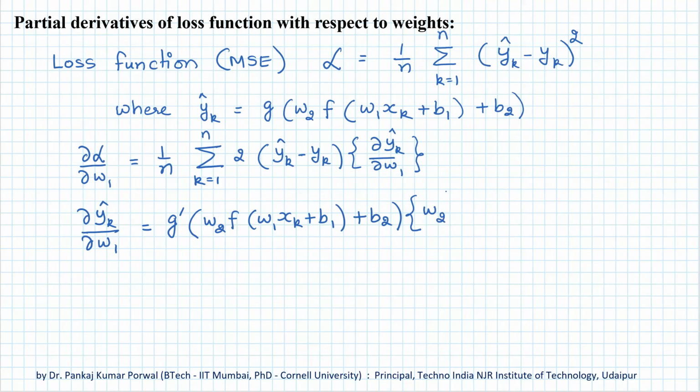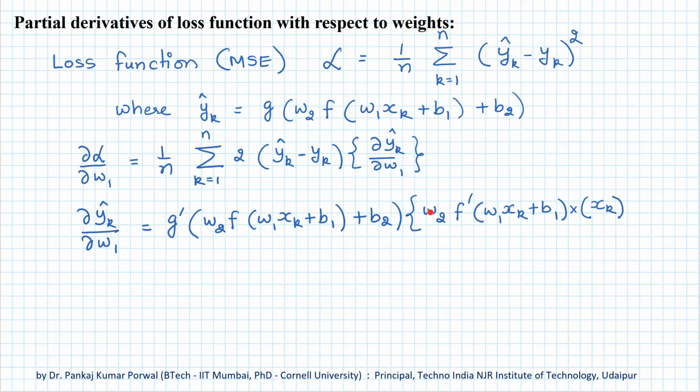So W2 into, now because f is a function of W1, I'll have to do f dash of W1 xk plus B1, and here also this dash is the partial derivative of f with respect to this whole thing. Then I'll have to do into the derivative of this expression with respect to W1. Here xk is constant, so I'm left with xk here, plus B1 will also be constant with respect to W1, so that will be 0, but I'll skip that.